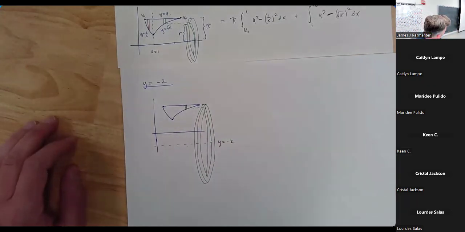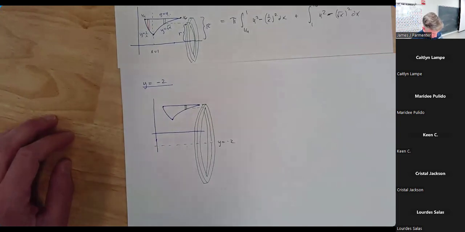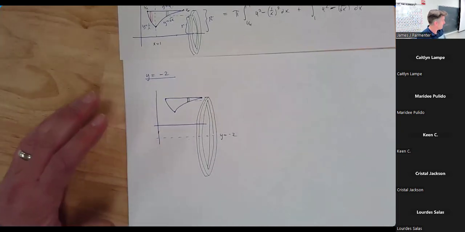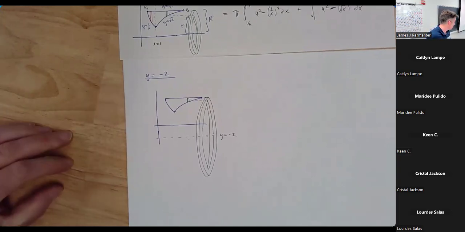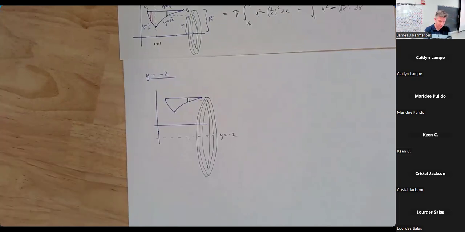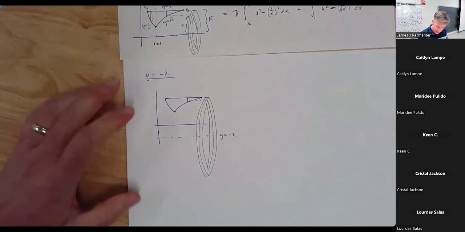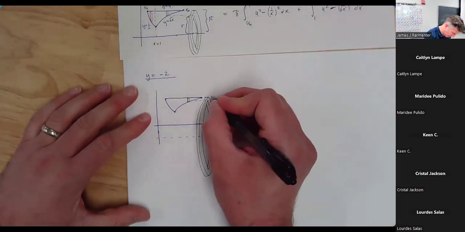You guys see that okay? I feel like the green doesn't show up that well. So both of my radii, the larger radius and the smaller radius, both got bigger by 2.